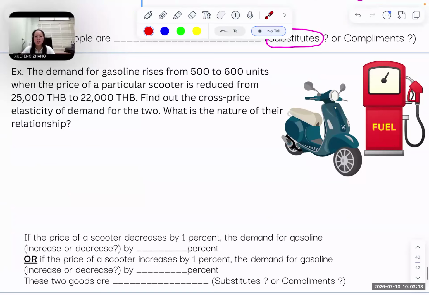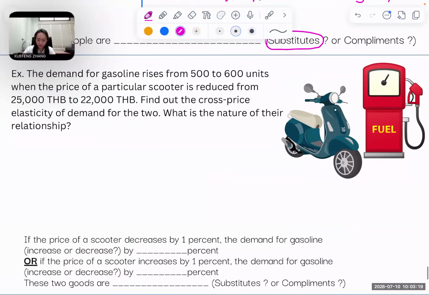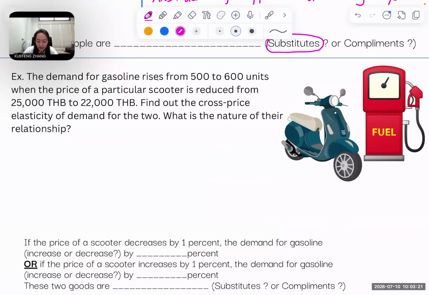Next one, scooter and gasoline. The demand for gasoline rises from 500 to 600 units when the price of a particular scooter is reduced from 25,000 to 22,000 baht.